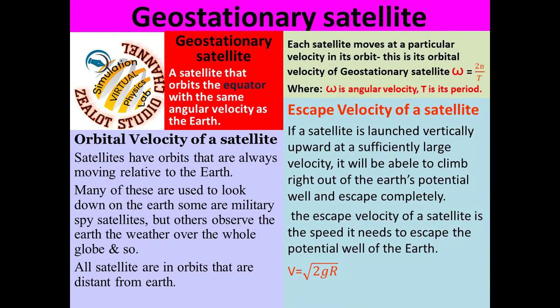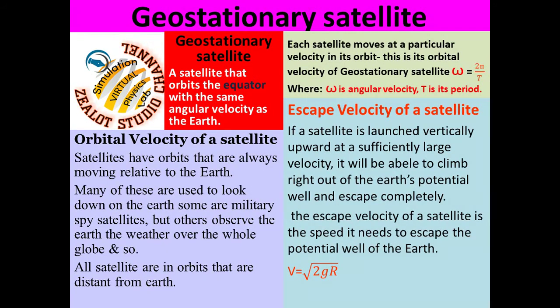The escape velocity of the satellite. If a satellite is launched vertically upward at a sufficiently large velocity, it will be able to climb right out of the Earth's potential well and escape completely. The Earth's potential means the gravity.